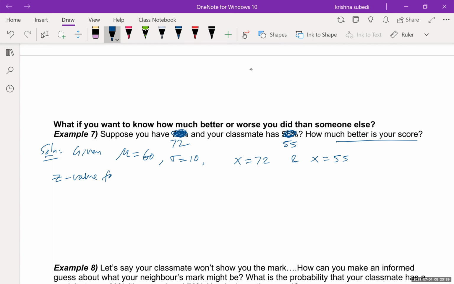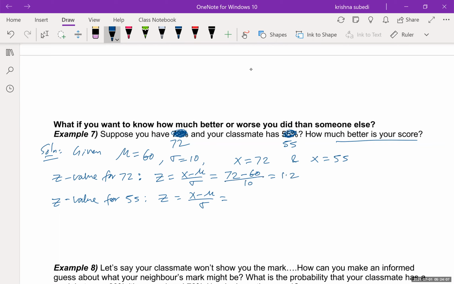For 72, z equals x minus mu over standard deviation, and the z value for 55 is z equals x minus mu over standard deviation. Guys, I want you to calculate both of these values, okay? 72 minus mu, which is 60, divided by 10, is 1.2.